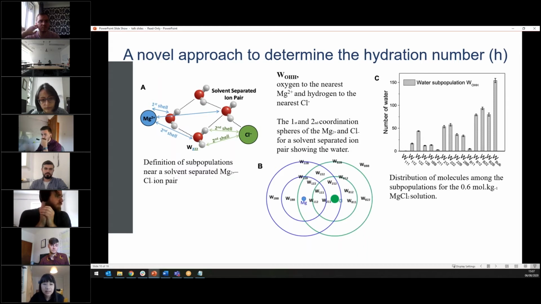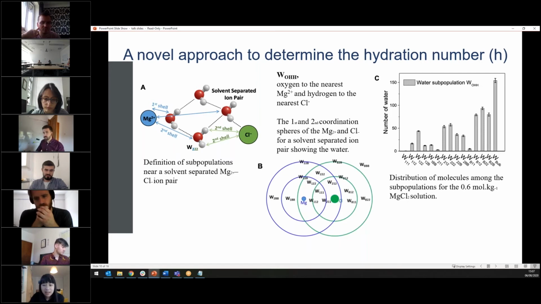The number is set to 1 when the oxygen or hydrogen atom is in the first coordination shell of the nearest ion, and it is set to 2 when the atom is in the second coordination shell of the nearest ion, and to B when the atom is beyond the second coordination shell. We call that the bulk, so it's B.